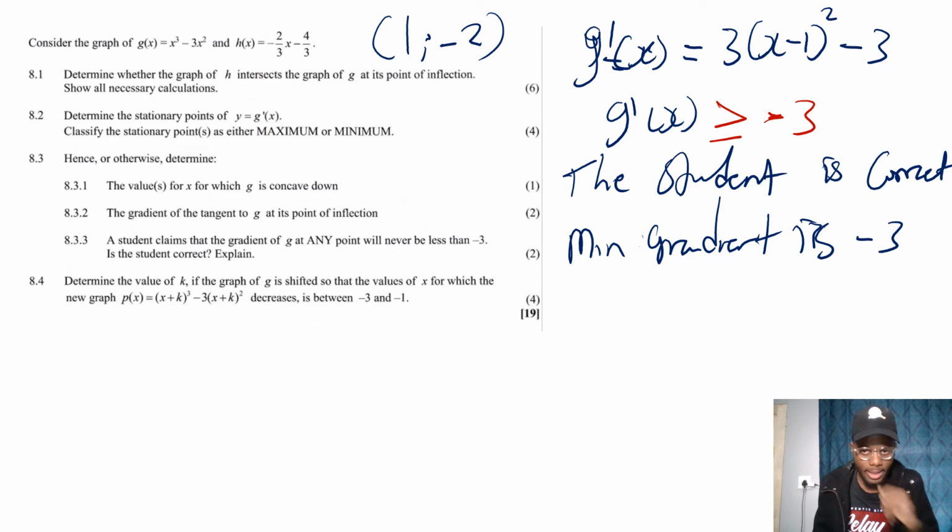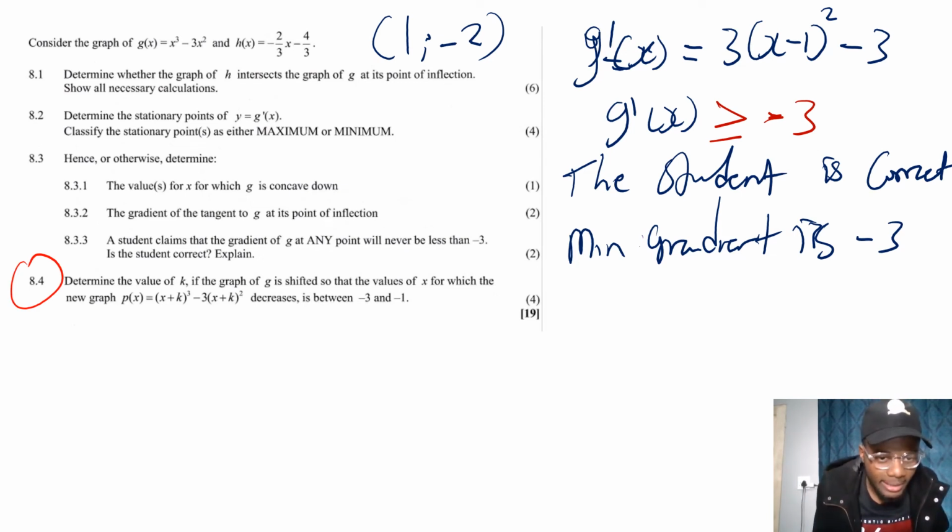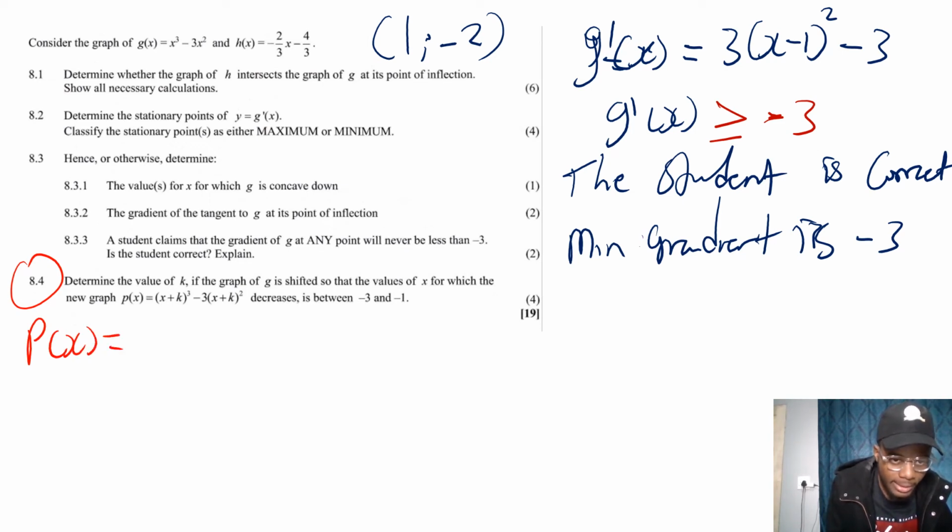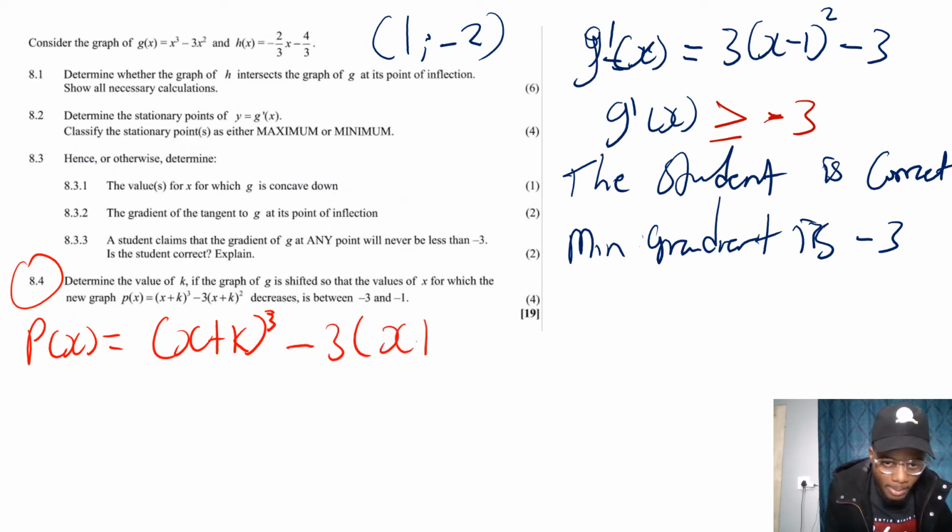Now we have to answer this last question. Determine the value of k if the graph of g is shifted so that the values of x for which the new graph, our new graph, is p of x, is determined as (x plus k) cubed minus 3 into (x plus k) squared. This means g has been shifted k units to the left.